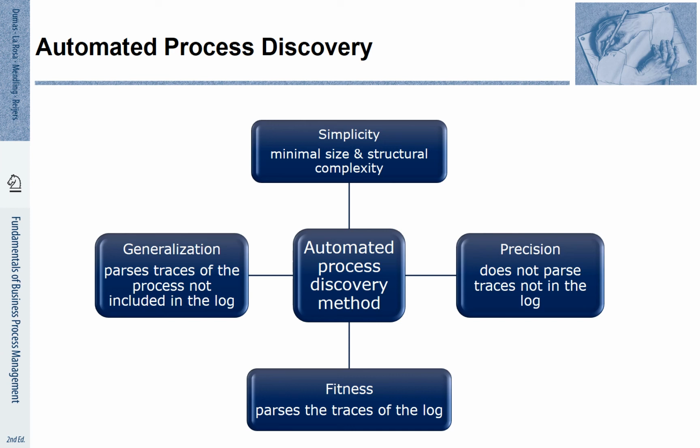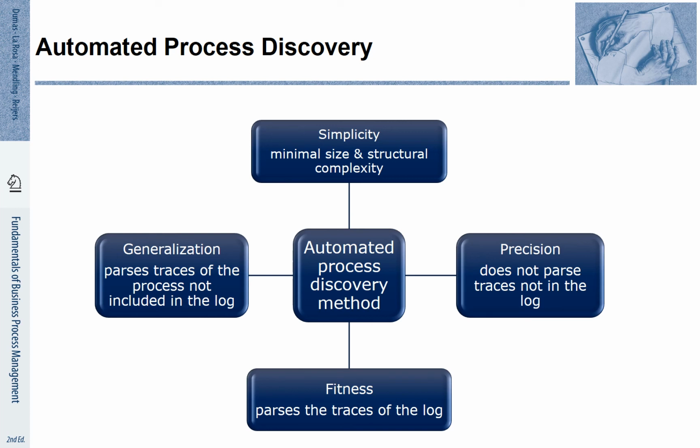There are 4 different criteria that are associated with automatic process discovery. In the best case, we desire a process model that is produced by some automated discovery technique to be of minimal size and of limited structural complexity. We also hope that the process model is precise.